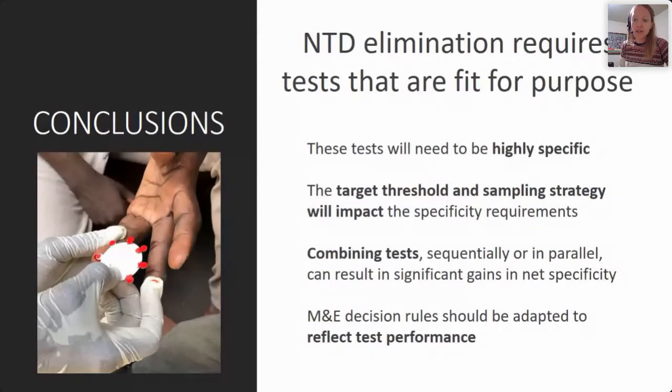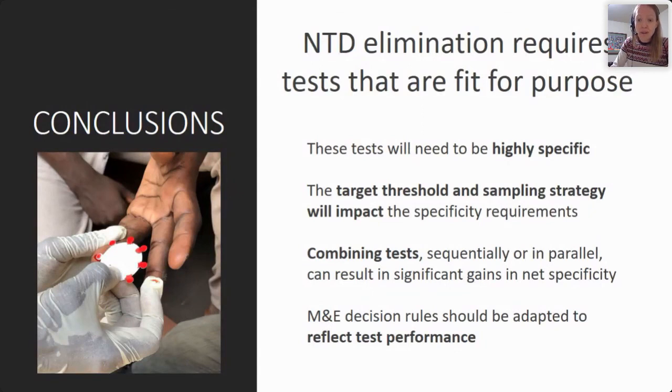So to conclude, the ability of the PC-NTD programs to stop mass treatment and have confidence that elimination is being maintained hinges upon the availability of diagnostic tests that are fit for purpose. And such tests will need to be highly specific to measure the low prevalence thresholds indicative of elimination, and just how specific will depend on the target threshold and sampling strategy being employed by the M&E tool.